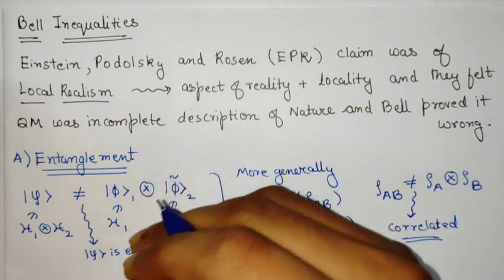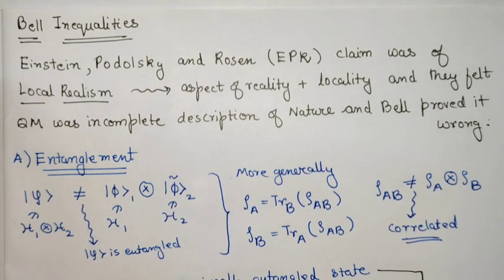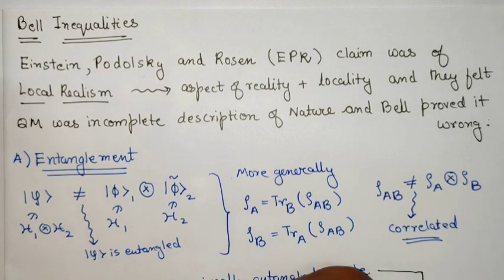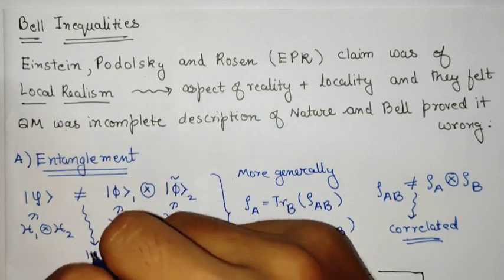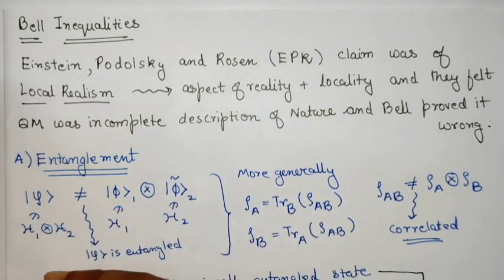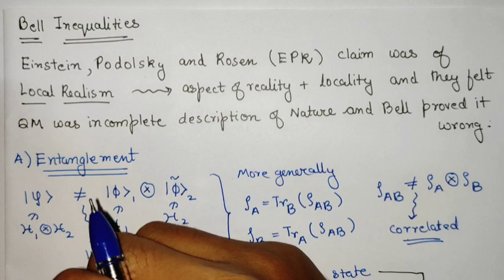It was an incomplete description of nature. Particularly, they didn't like the fact that these superpositions and this probabilistic theory lie at the heart of quantum mechanics; they were very much not satisfied with that. They felt that God is playing dice, as Einstein said.